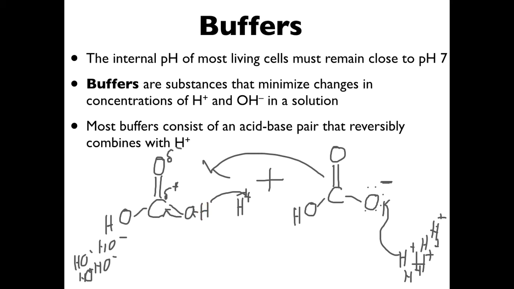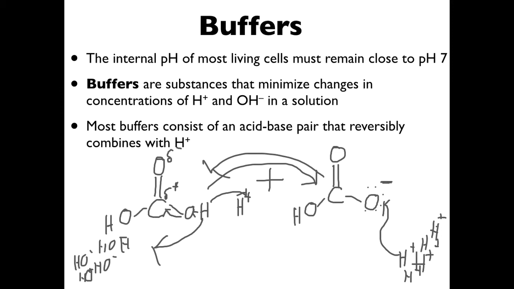It can do that. So it just loses its proton, and then these OHs absorb that proton and become water, which of course is neutral. And then you'll end up with more bicarbonate ion. You've shifted the equilibrium the other direction.